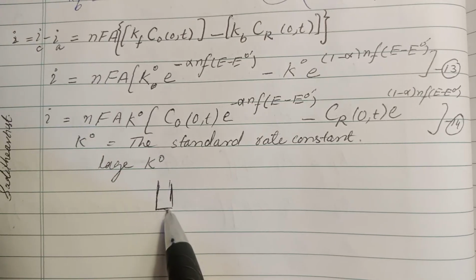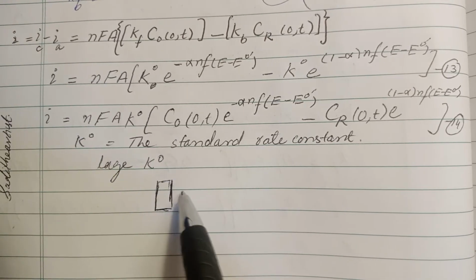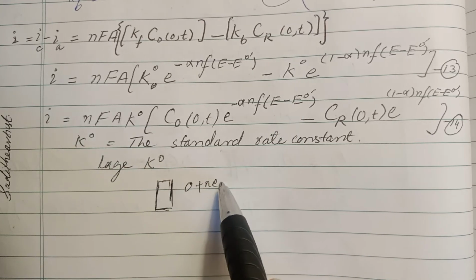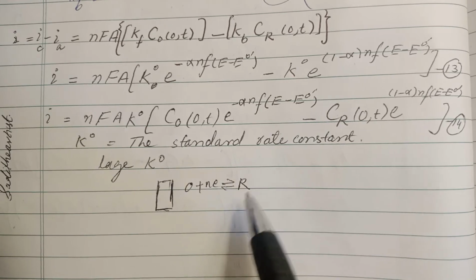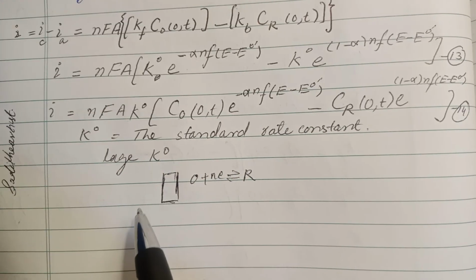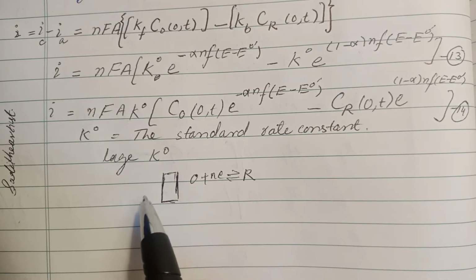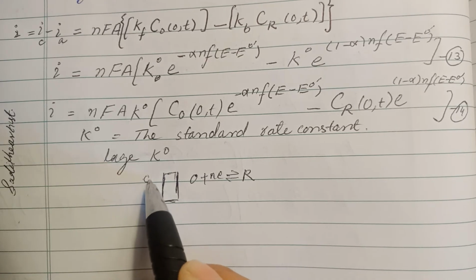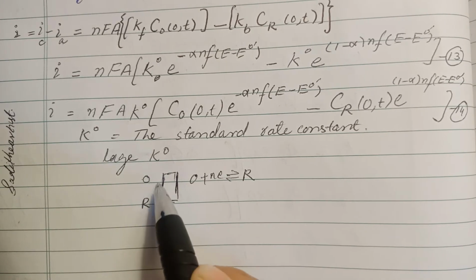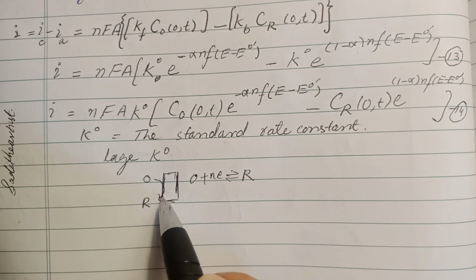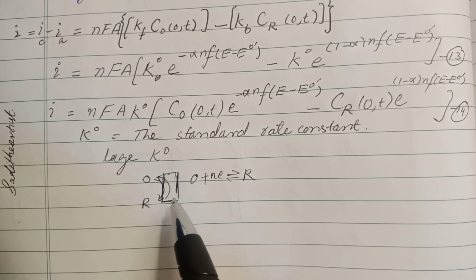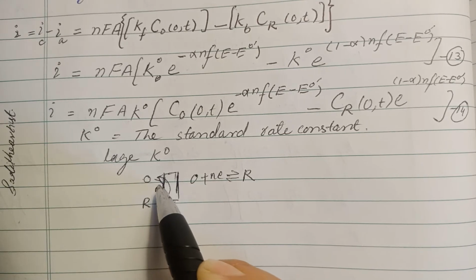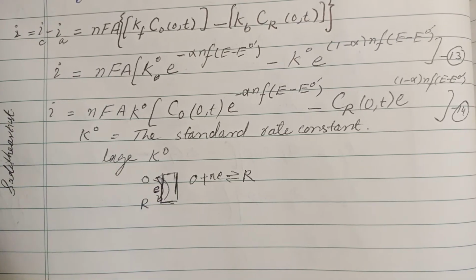For example, if we have the electrode and the redox couple, it is having an interfacial or heterogeneous charge transfer at the surface.